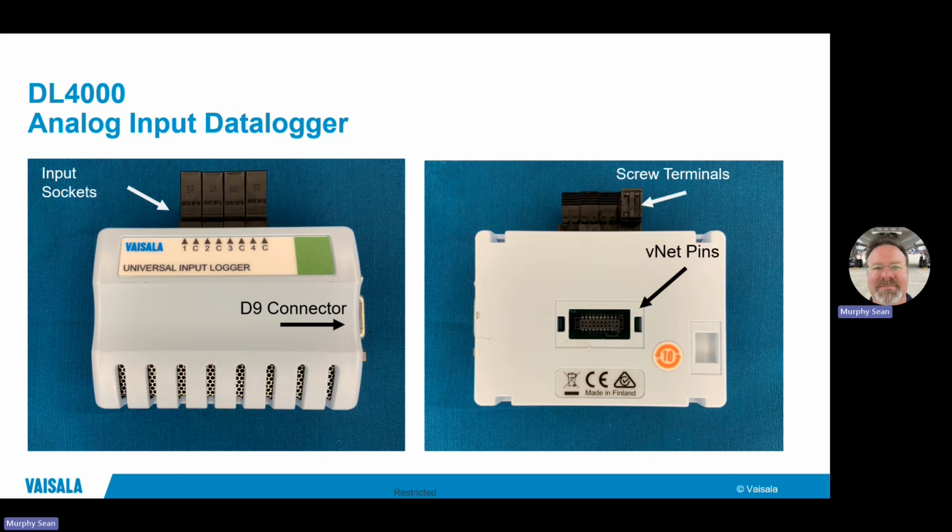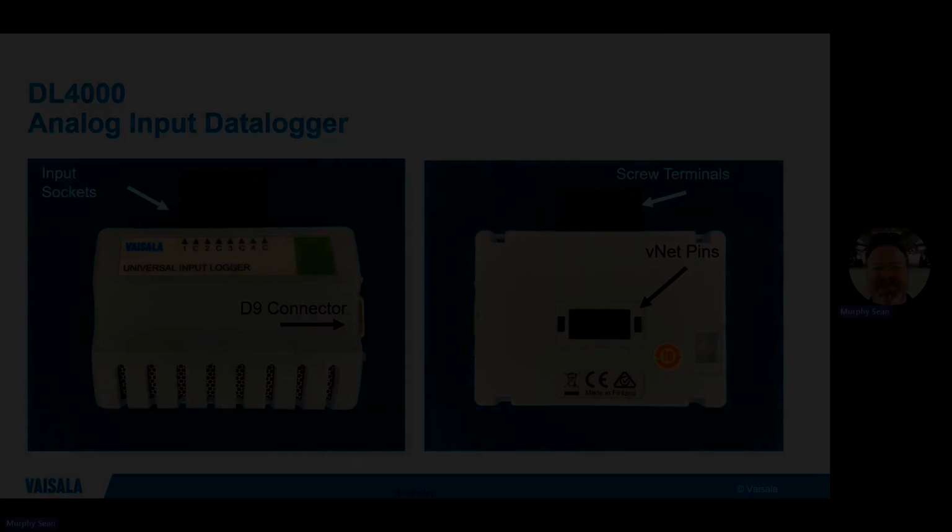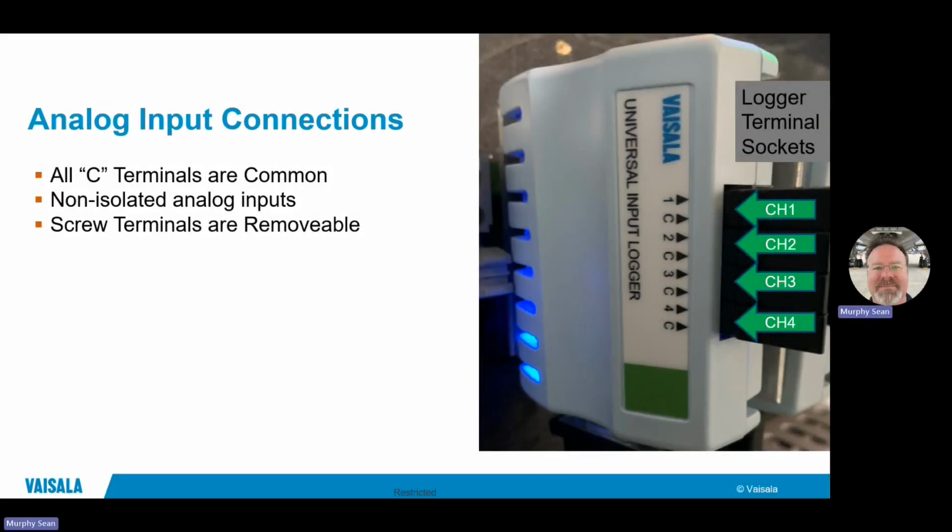You're either using a VNet or you're going to be using a Digi. And there's details in other videos and presentations on those devices. I'll be focusing primarily on the actual data logger itself, how it's terminated, and how to wire devices to it. The data logger itself is configured to have non-isolated analog inputs.